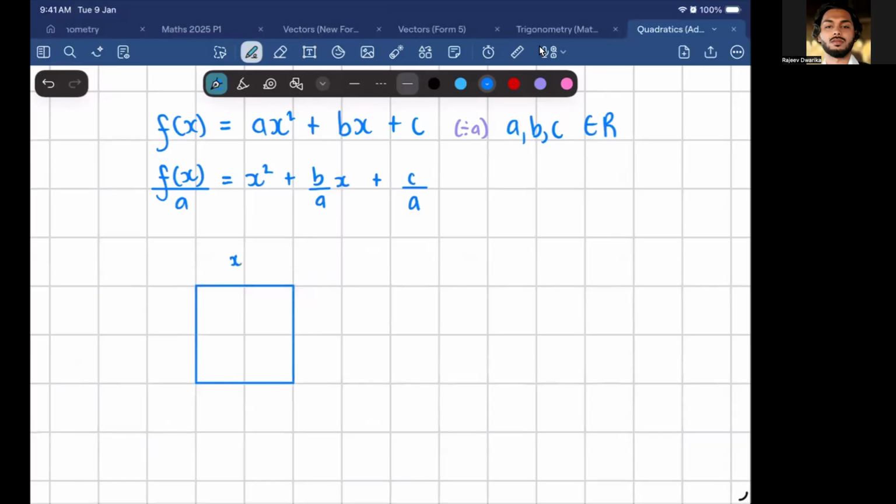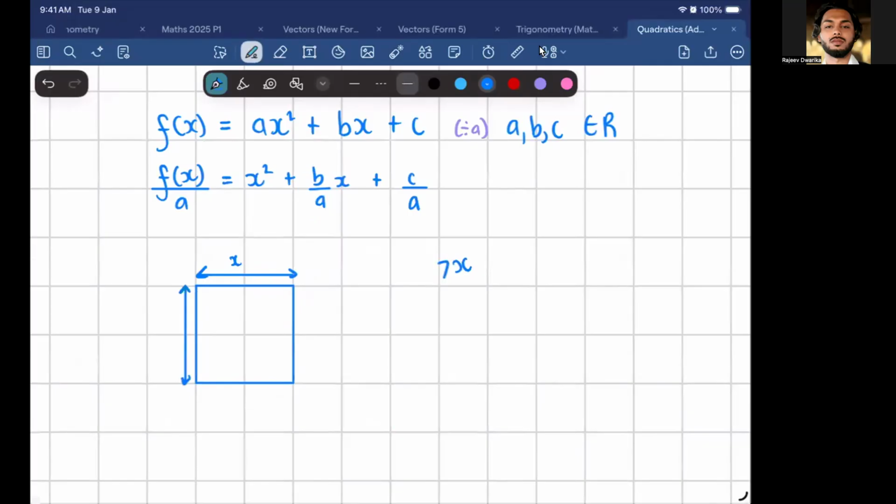So this length here is x. This length here is x. Now, if I have a shape b over a by x, I know it's confusing, but b over a would also be a number. So think about this, Serena. If you had 7x, how could you represent that as a shape?